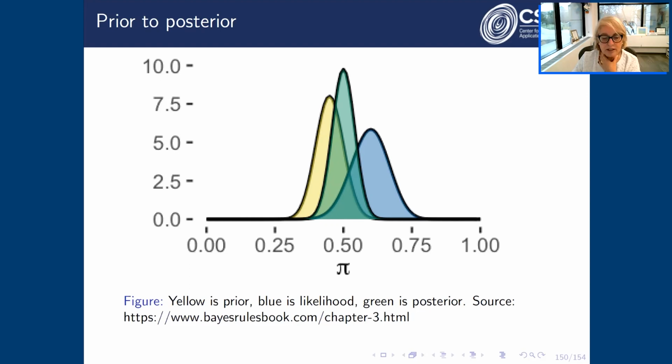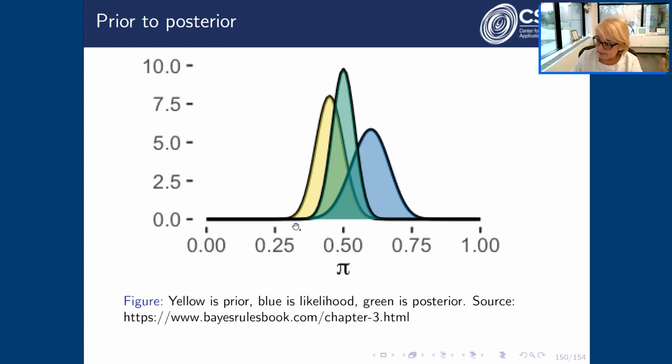And I'm pretty certain that I'm right, because I think that the chances that pi is below, let's say, 0.3 or above, let's say, 0.55, are very, very low. In fact, my prior essentially gives no weight to values below 0.3 or above 0.55.